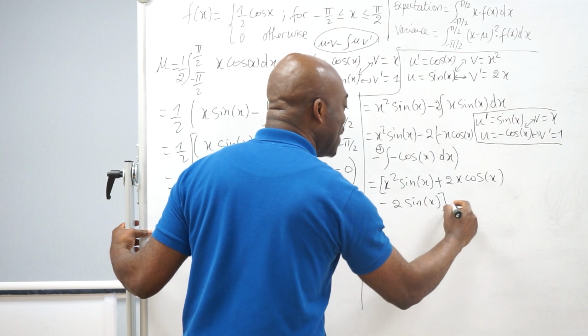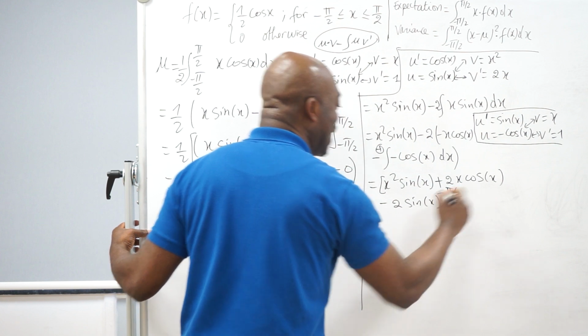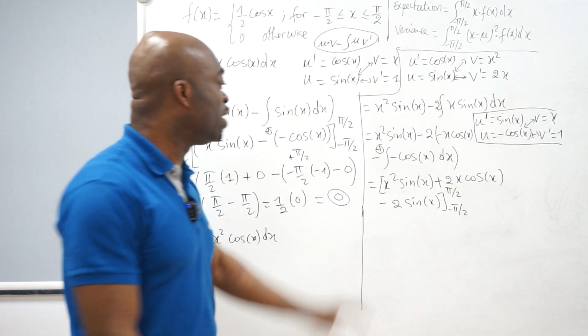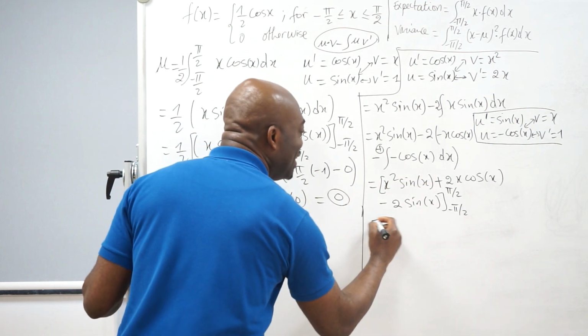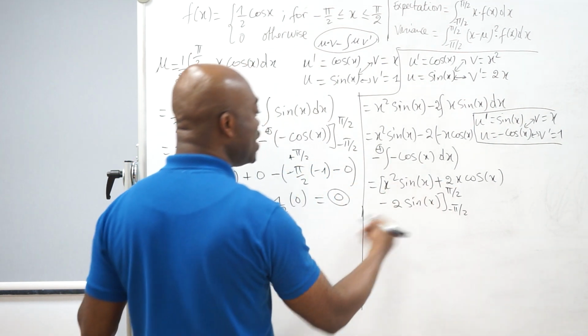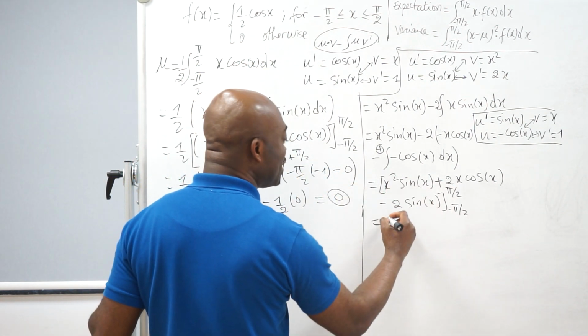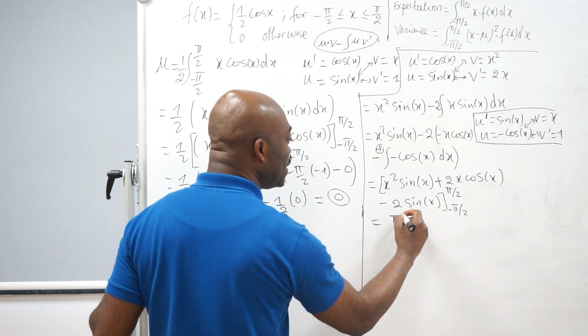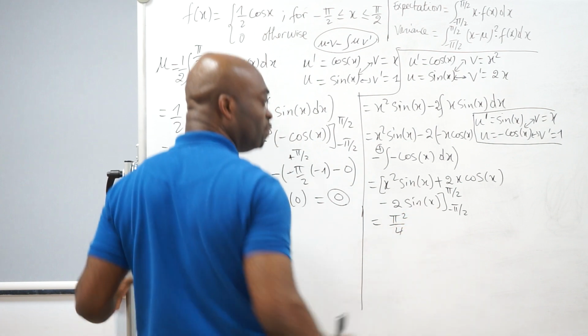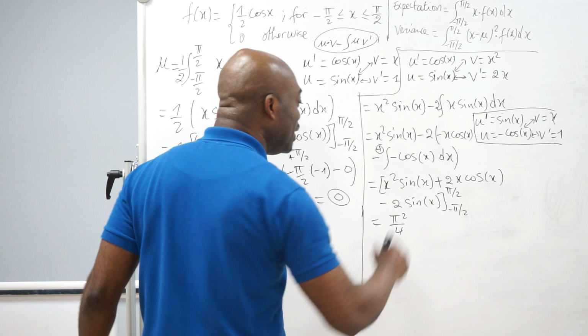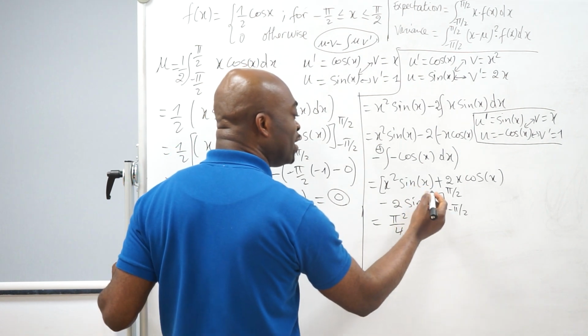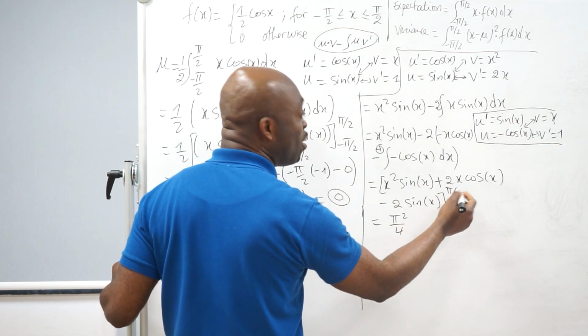We've got to evaluate everything from negative pi over 2 to positive pi over 2. Okay? So let's go at it. Then we have pi over 2 here that we're going to square. That will give us pi squared over 4. Are you with me? And then what is sine of pi over 2?